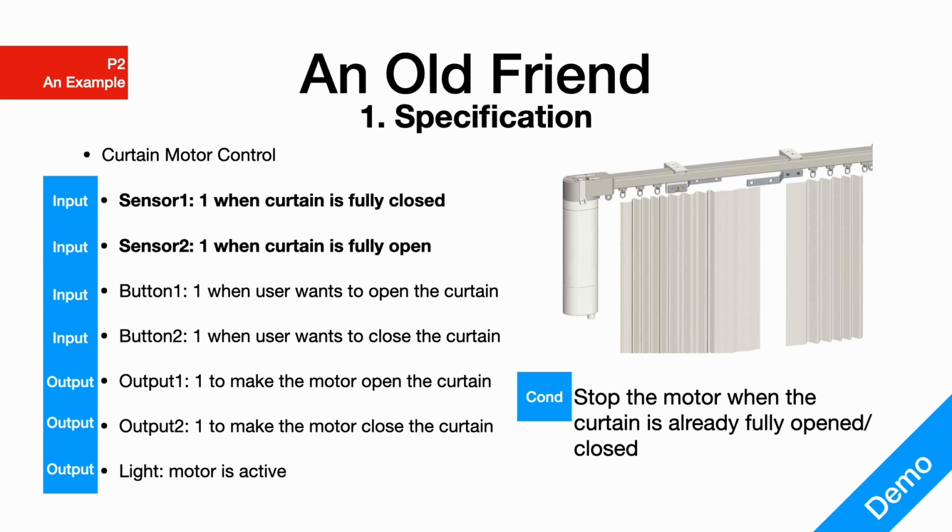So the control unit quickly becomes a system that you need to design, which takes 4 different inputs. The 4 different inputs will have different names, of course: sensor 1, sensor 2, button 1 and button 2. And then on the output side, you also have 3 different ports: output 1, output 2, as well as the final light.